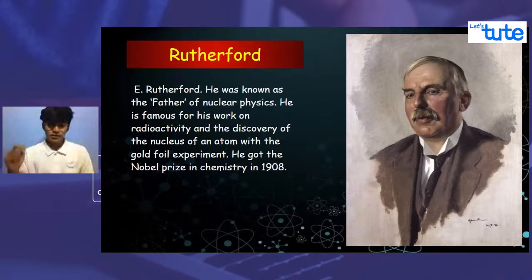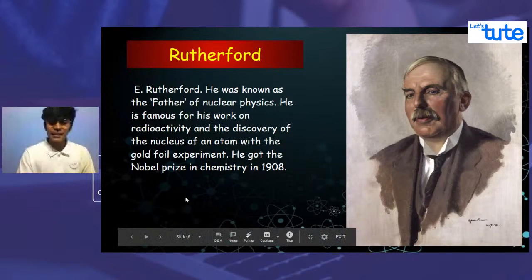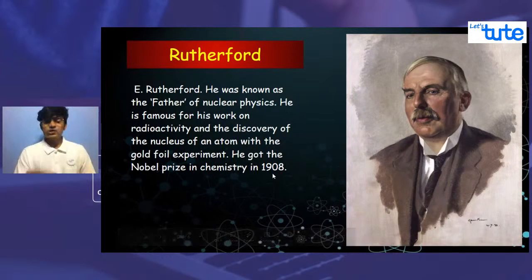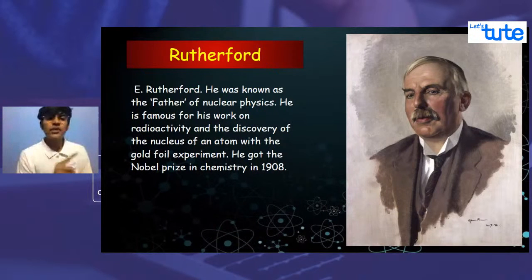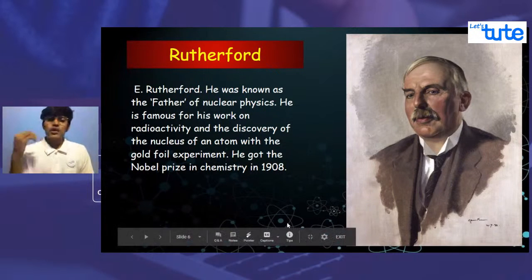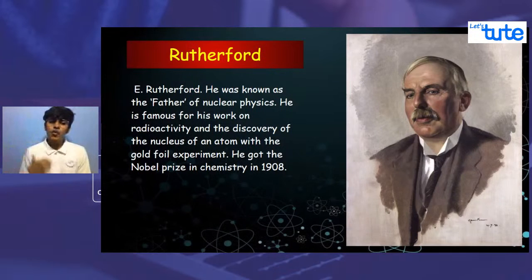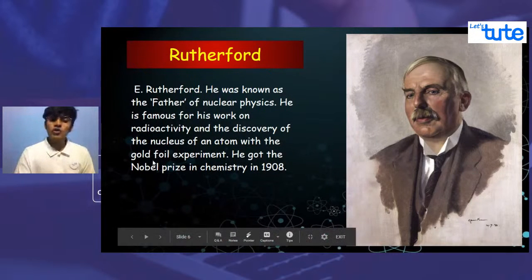He got a Nobel Prize in chemistry in 1908. So in 1906, J.J. Thomson got a Nobel Prize for the discovery of electrons. In 1908, Rutherford got a Nobel Prize because of his gold foil experiment.